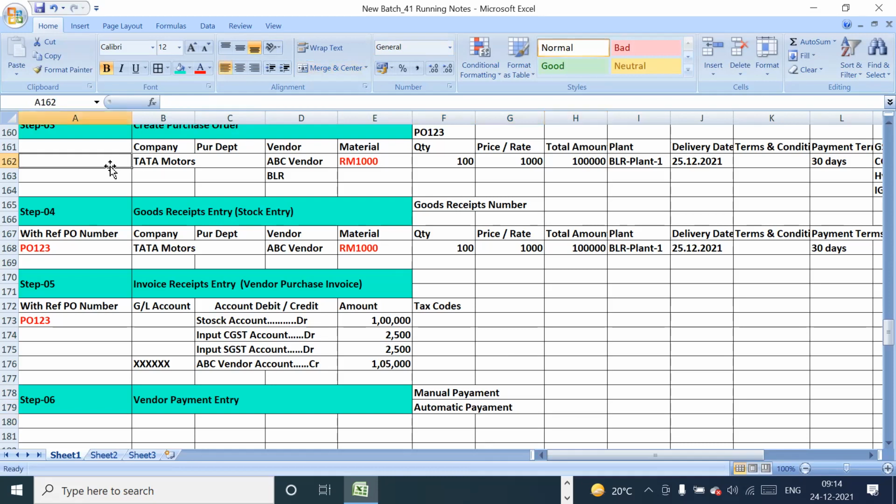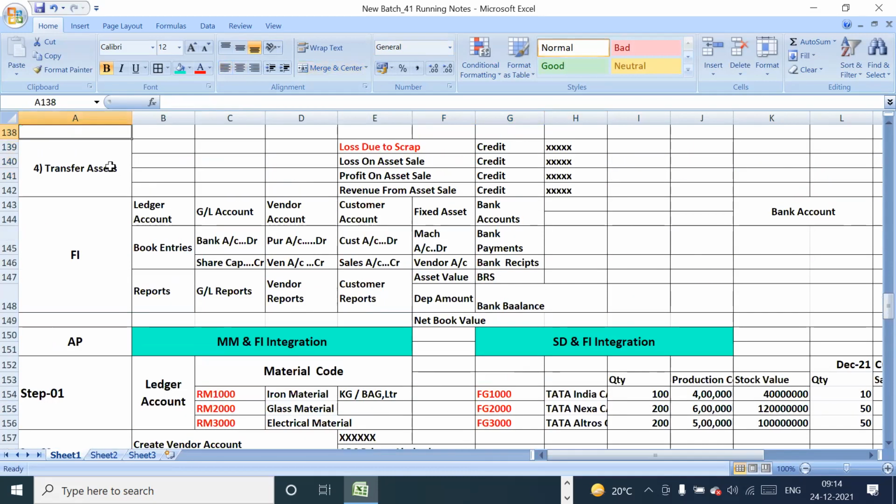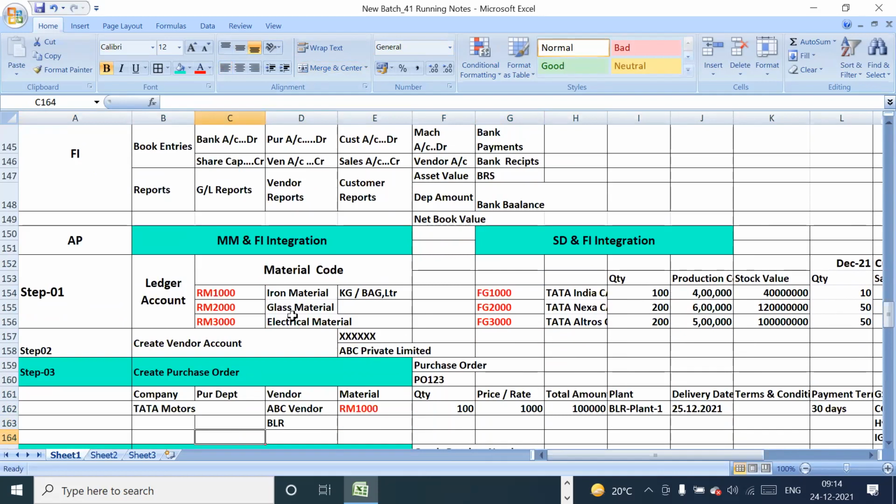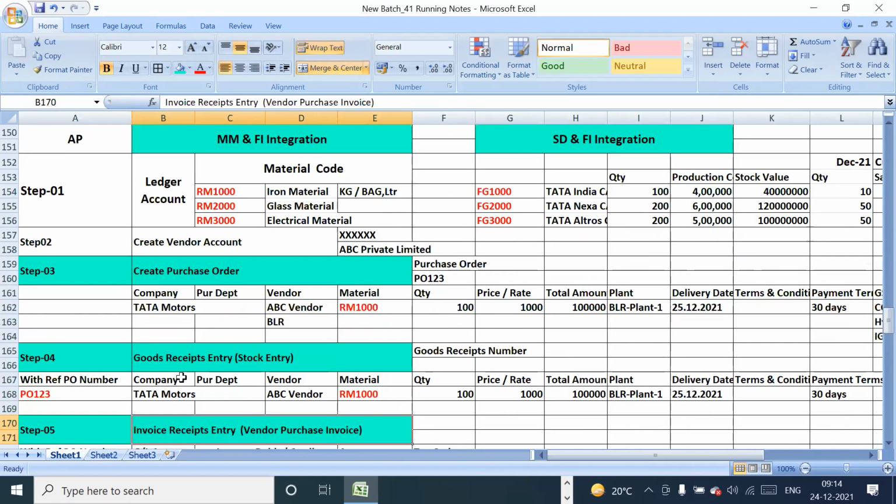So I will run this cycle tomorrow through SAP system. Okay, I will show how to create one material code, and what are the other key information we need to specify. Then for that material, how to create your vendor. Okay, we'll go and create one vendor. Then with the reference to this material and vendor code, we'll create one purchase order.